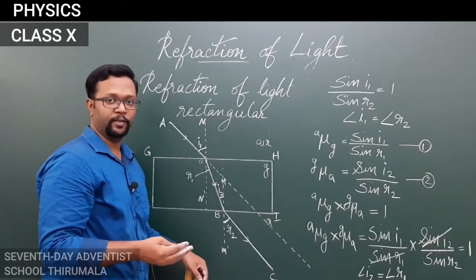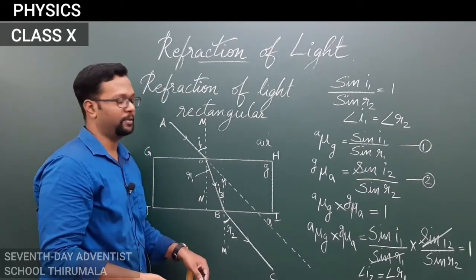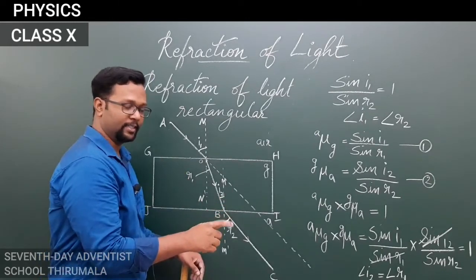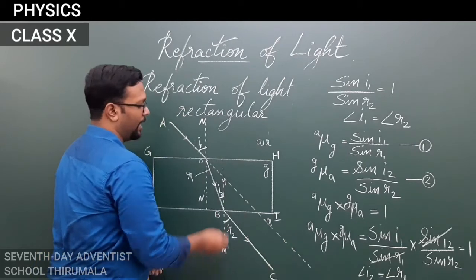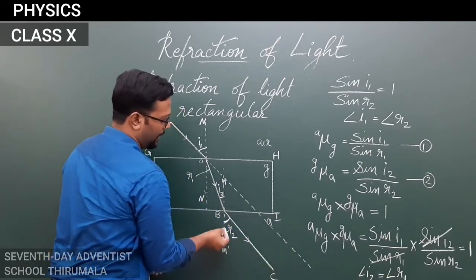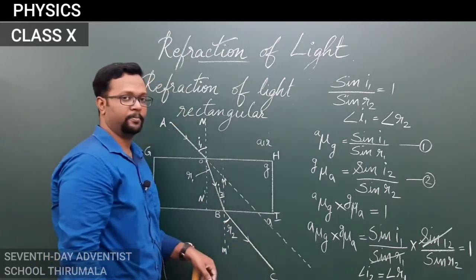And why is this proof important? It is important to prove that in a rectangular glass slab, the incident ray and its path are parallel to the emergent ray.